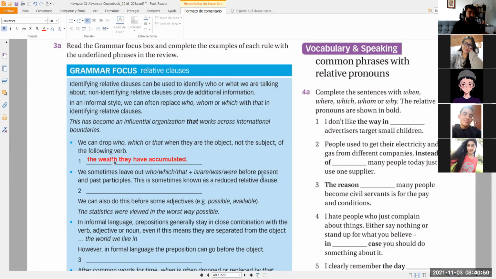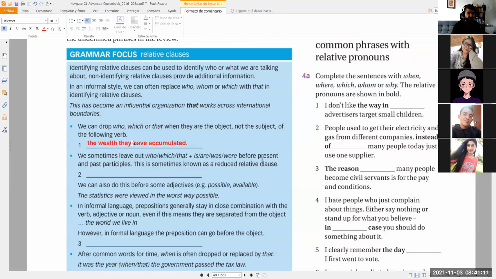So that's why we eliminate that. We could still leave it. We can say the wealth that they have accumulated, and that would be absolutely right. But remember that in English, we always tend to economize words. So if we can say the same thing with fewer words, that's the way to go. So that was the first one, guys.